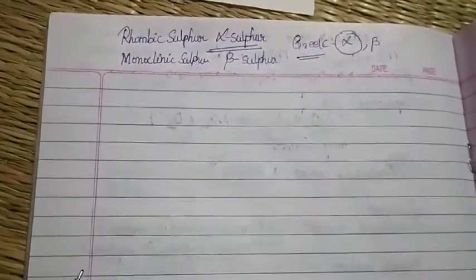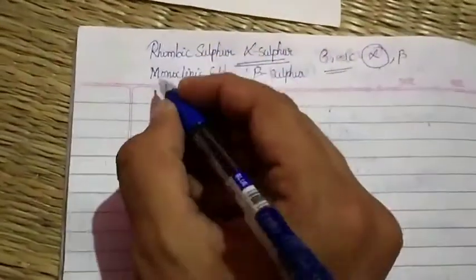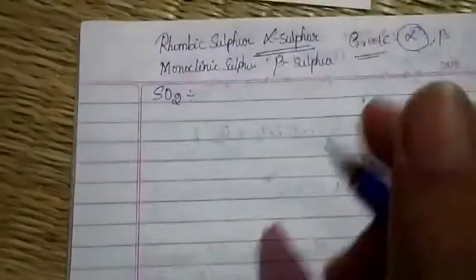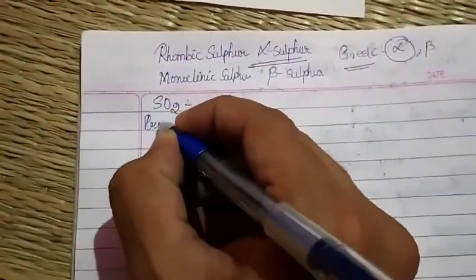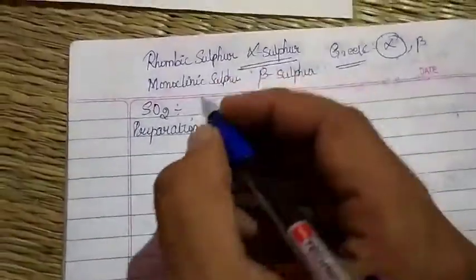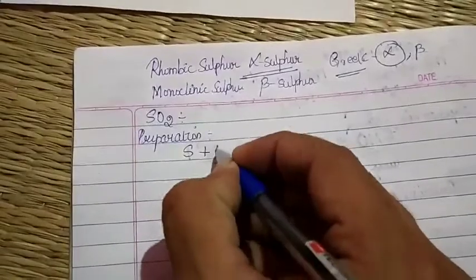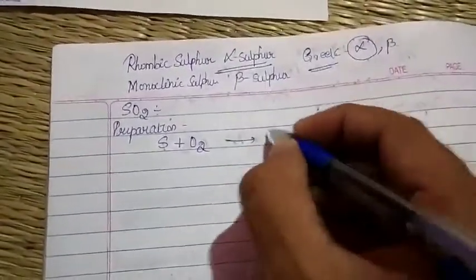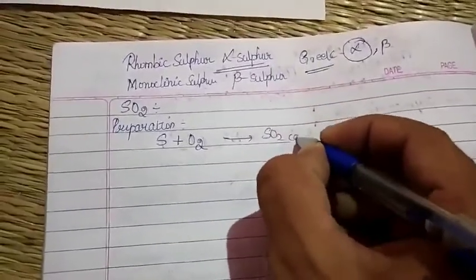So guys, now let us see the first compound of sulfur, that is sulfur dioxide. Coming to its preparation, how to prepare it. The most common preparation of sulfur dioxide is by burning the sulfur in the presence of oxygen. Burn sulfur with oxygen and you get SO2 gas.